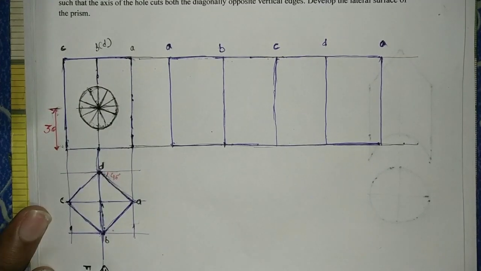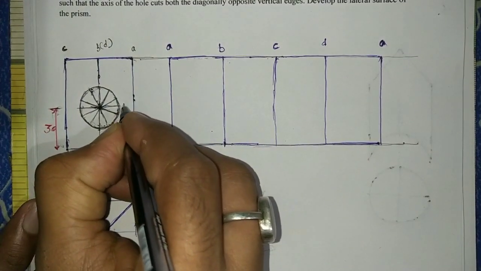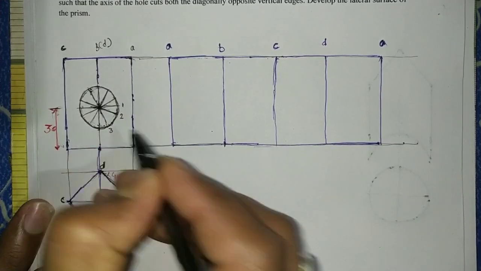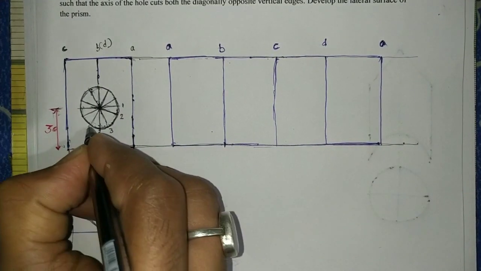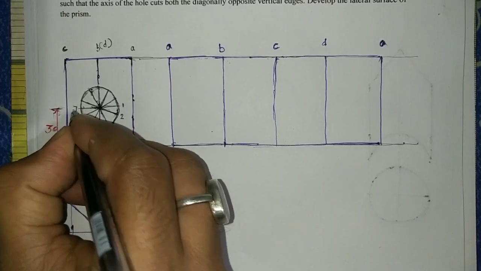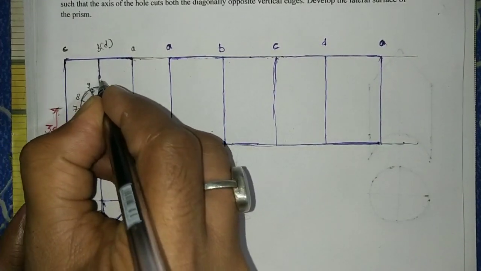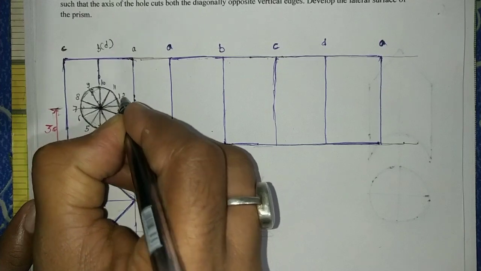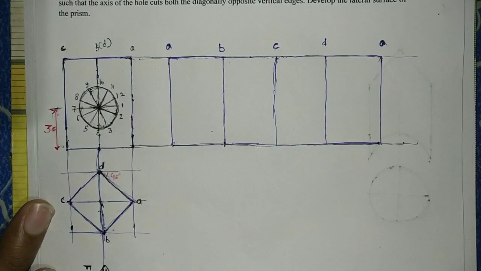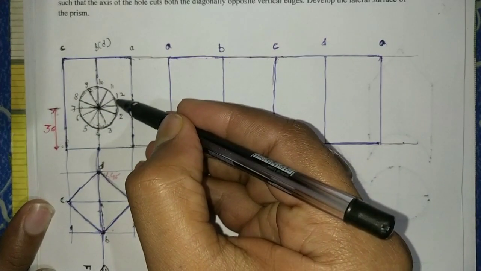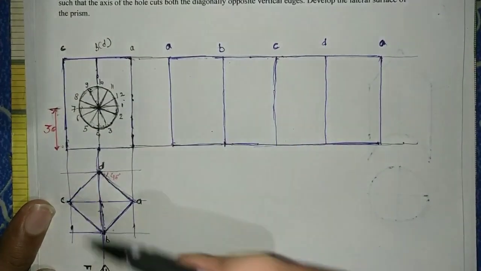Okay, then start naming it 1, 2, 3, 4, 5, 6, 7, 8, 9, 10, 11, 12. Okay, now project all the points to the top view.